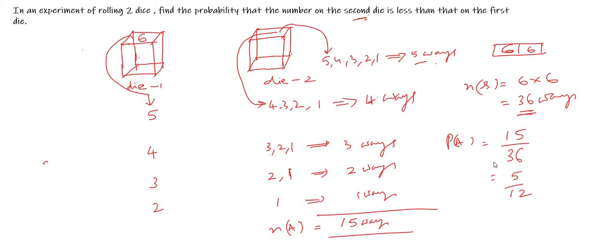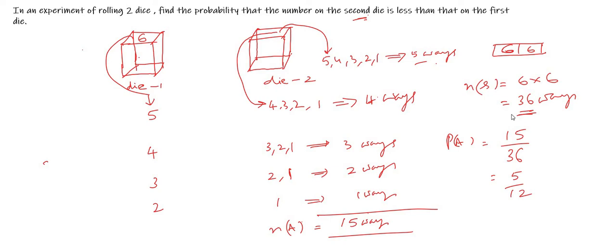Okay, so when you roll 2 dice, both are rolled simultaneously. Of course, throwing one and later the other is the same thing, but here it says in an experiment rolling 2 dice, 2 dice rolled at the same time. So the possibilities of turning up on this face and on this face total 36.